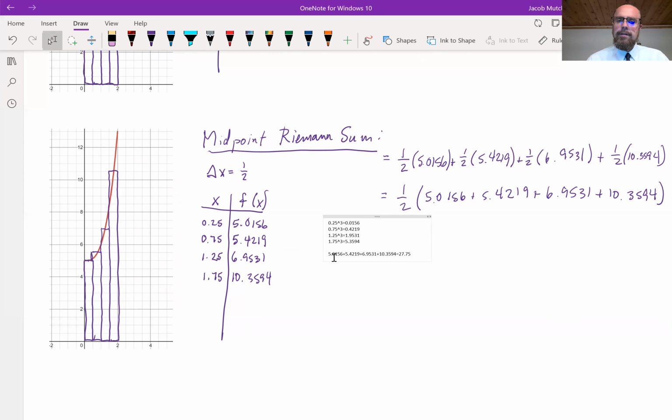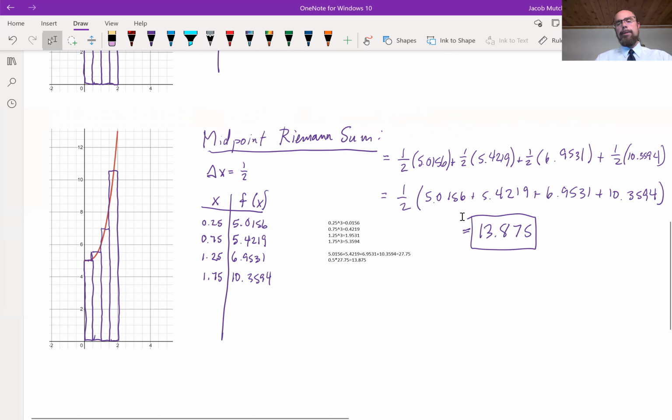That's 27.75. I take half of 27 3/4, and that gives us 13.875. So again, that's an approximated area.